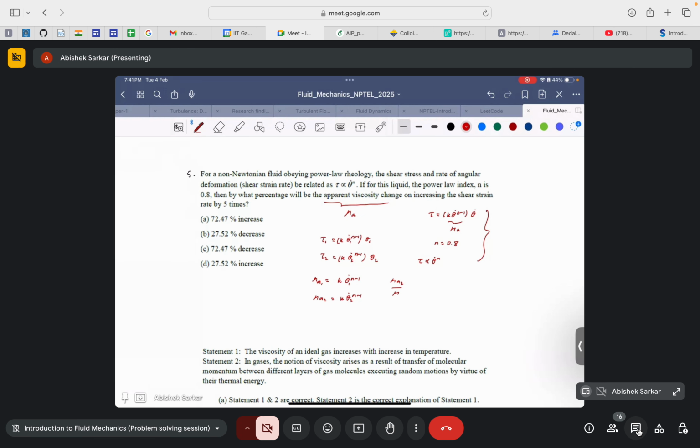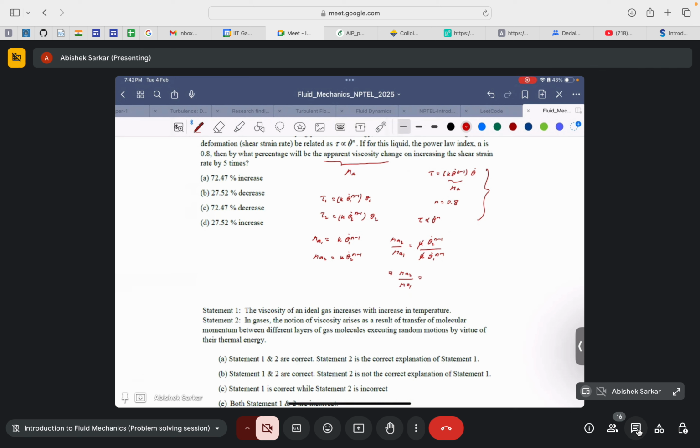Then you can write k by theta dot 2 to the power n minus 1 over k theta dot 1 to the power n minus 1. Since k is constant, it will cancel out. Then you're left with mu a2 by mu a1 is equal to theta dot 2 to the power n minus 1 over theta dot 1 to the power n minus 1.